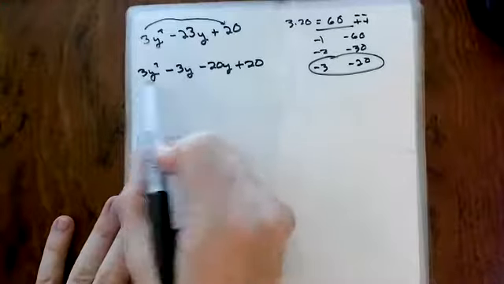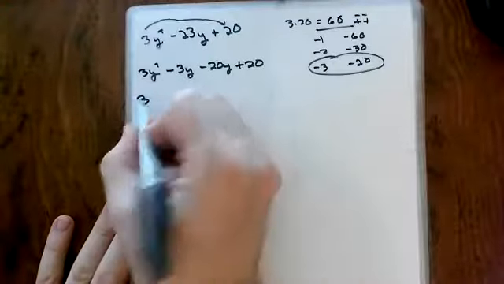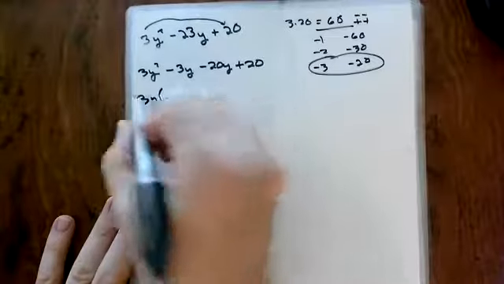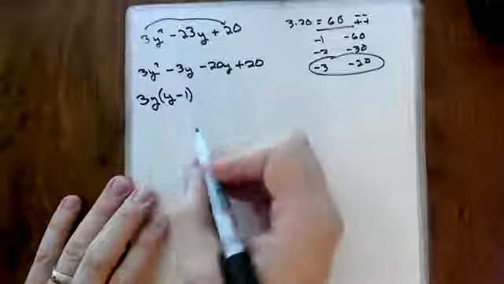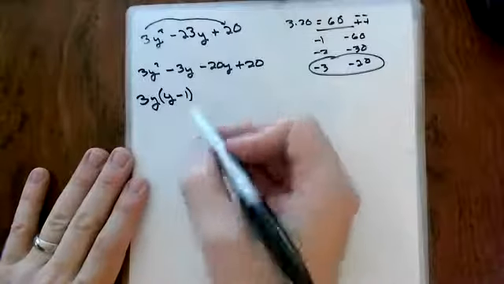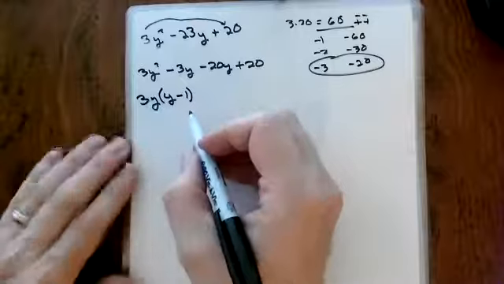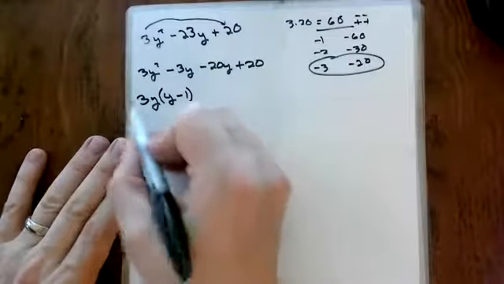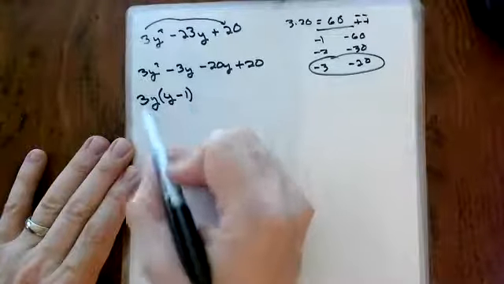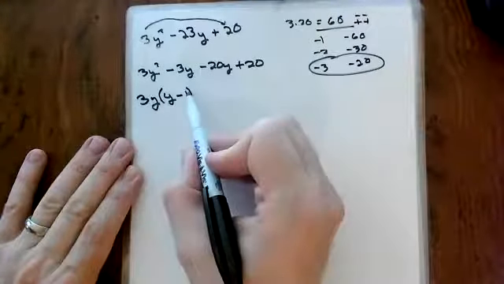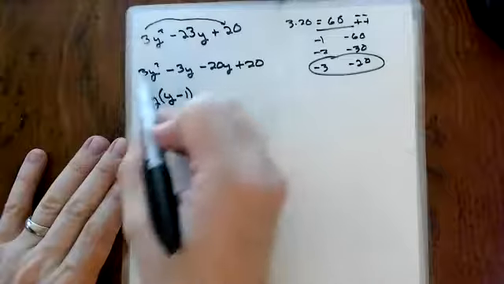So I've got 3y squared and 3y. It looks like 3 and y go into both of those, and that's going to leave me with y minus 1. So even though I've had some folks say, wait, you're factoring out a 3 minus an entire 3y, where is this term coming from? Well, remember, if I were to multiply out, I should end up with the line I have above.